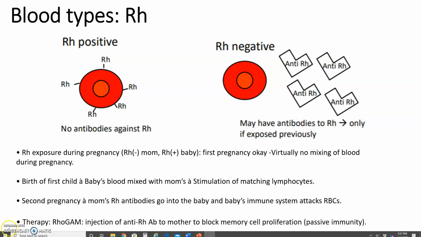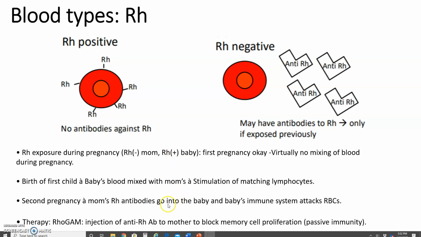Now, we develop antibodies against Rh antigens after exposure. So this can be an issue when a mother is Rh negative and a baby is Rh positive. What happens during the first pregnancy is there are no issues, but during birth, the blood can be mixed, exposing the mother's blood and causing her to produce antibodies against the Rh antigen.